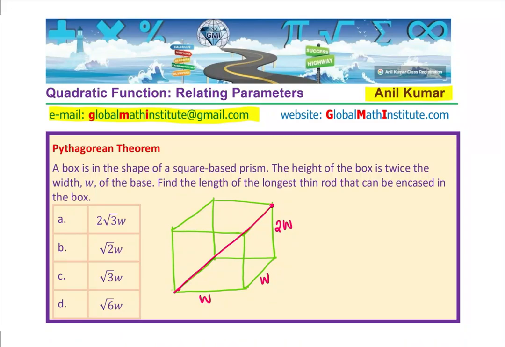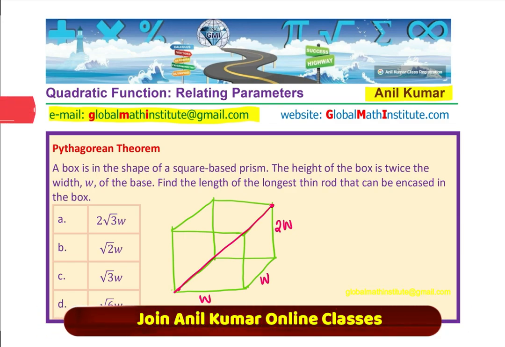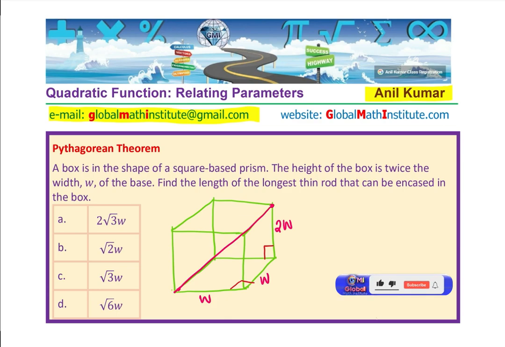Okay. Now, let's try to find the solution. I hope you already got which is the right choice. Can you tell me? Let's figure it out. Since it is a square-based prism, all the sides are at right angles. So this is at right angle, and this is also at right angle. That should give you an idea.